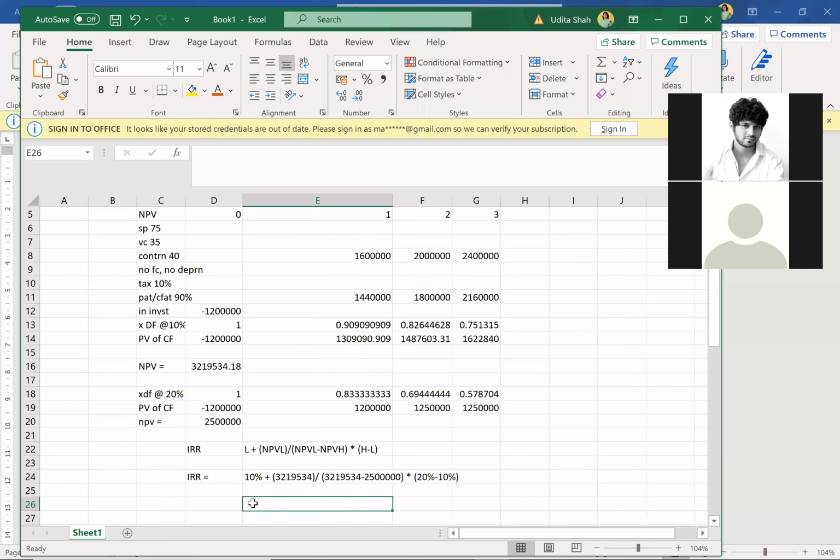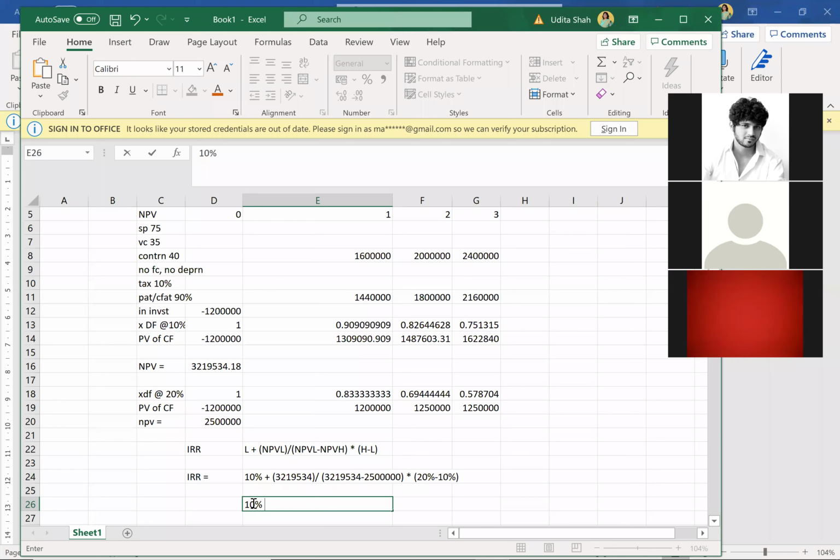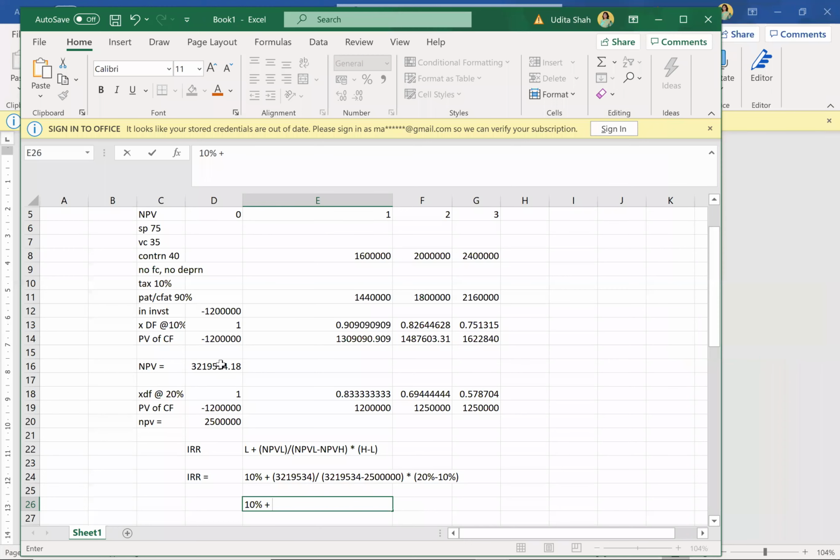Okay, so that will be what? 10% plus into 10%, correct?